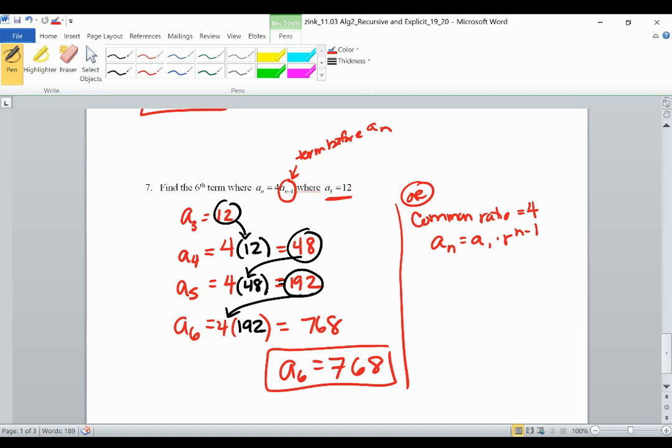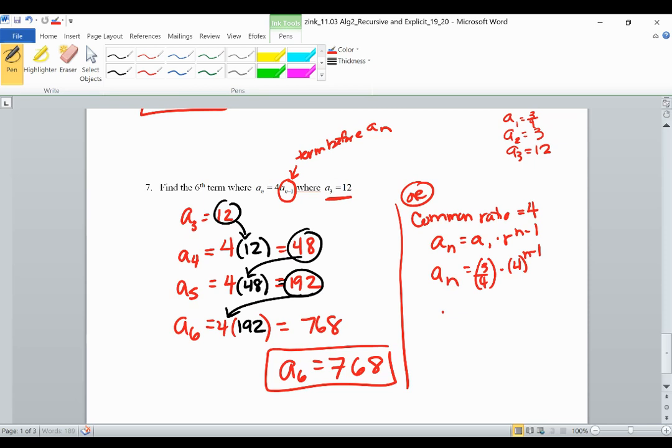So if 12 is my third term, then divide by 4, 12 divided by 4 is 3, and then 3 divided by 4 would be 3/4. So you could take 3/4 times your common ratio of 4 to the n, and that would be an explicit formula.